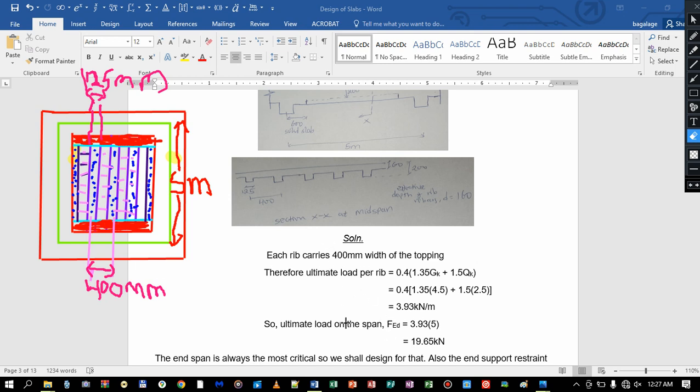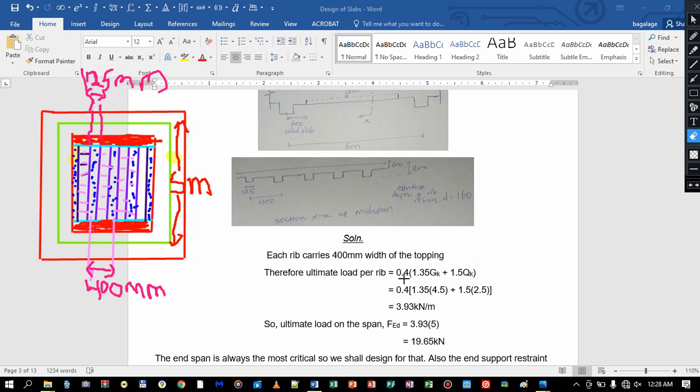So therefore the ultimate load per rib will be given by the ultimate load per square meter times the rib width times the flange width.